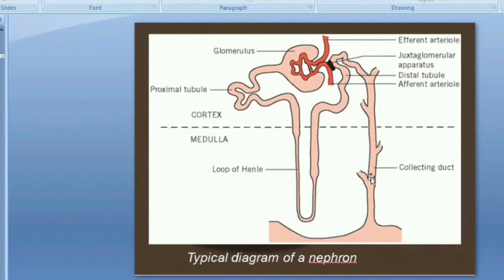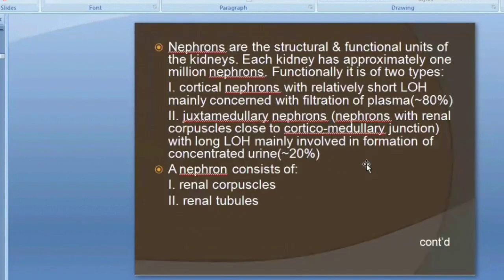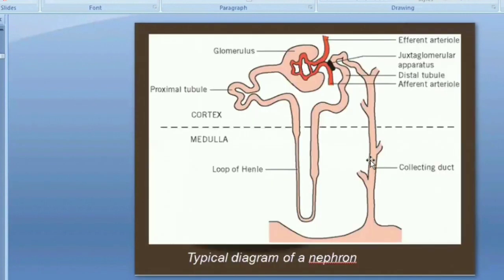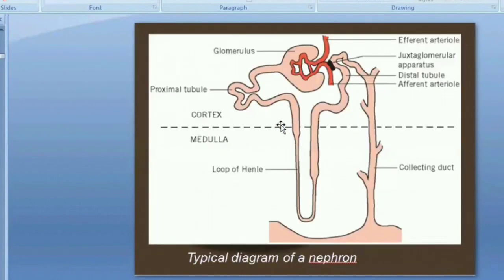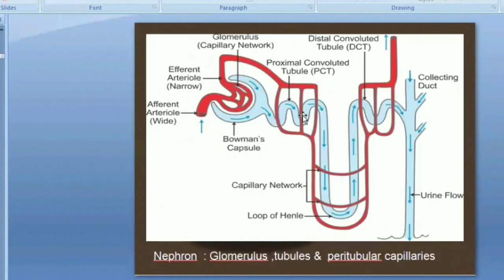This is the collecting duct. Okay, this is very simplified, and this is a good picture which is showing the flow of the glomerular filtrate.